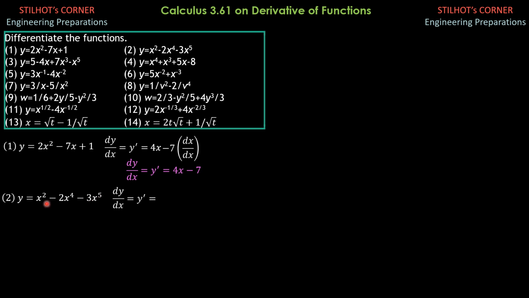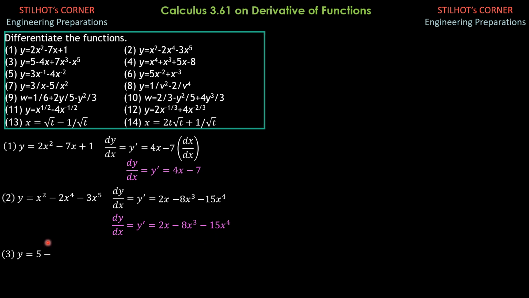Therefore, the derivative is 2x minus 8x cubed minus 15x to the fourth. So dy dx equals y prime equals 2x minus 8x cubed minus 15x to the fourth.